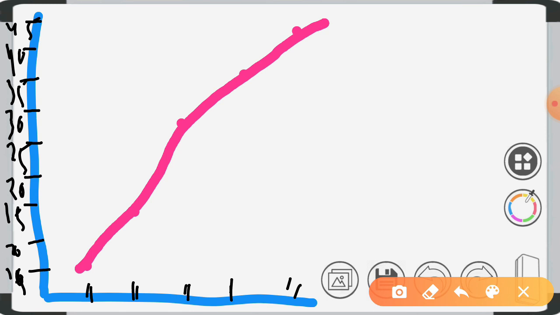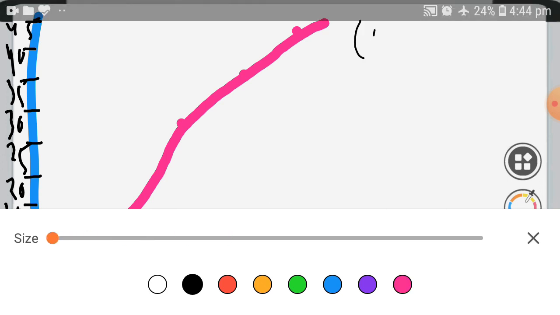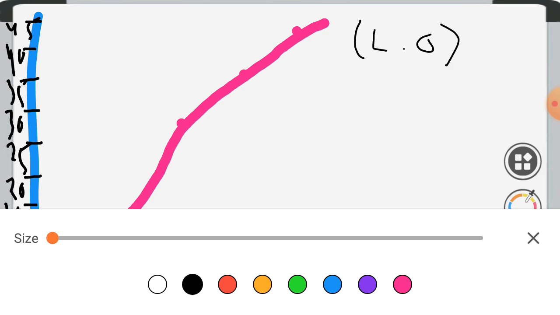The less than cumulative frequency curve always gives a rising curve. So we can write it down: this is the less than ogive curve.